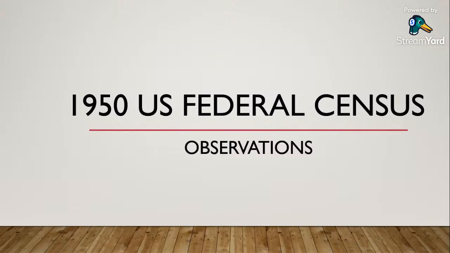Two weeks after the release of the census records, I've got almost 90 people in the database that I expected to find that I have found. I know where they are.